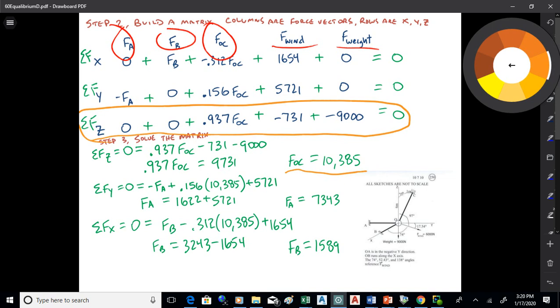So now I know FOC is 10,385. I've got the sum of FY. I'll do that one next because that has one other unknown. It just has negative FA. I know what FOC is now. So again, that row there, the sum of Fy, will only have one unknown. So it's minus FA plus 0.156 times what I found FOC to be, and that's 10,385. And then I got plus 5721, which is the wind force. So I go ahead and solve out FA at 7343. And then I can go to the top row, which is sum of Fx, and solve for FB.